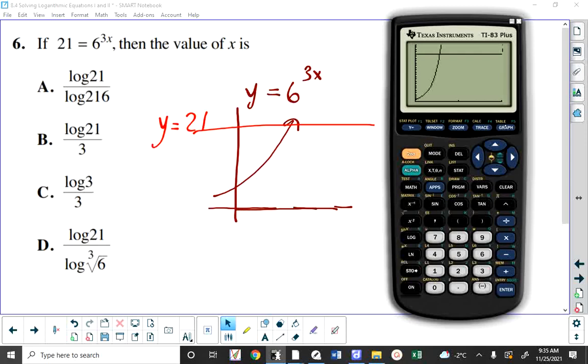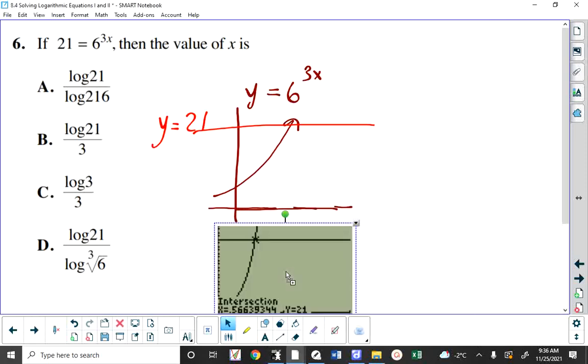Yeah. So now we can find the point of intersection. Given that there's only 2 functions there, you don't need to worry about scrolling around. You just hit enter 3 times and let the calculator do its thing. So it's about 0.566. Now, how is this helpful when you don't see 0.566?